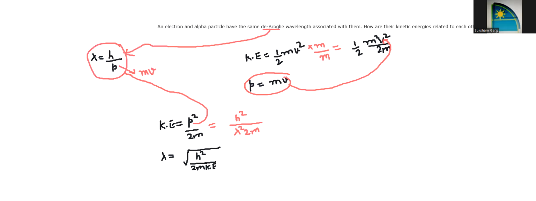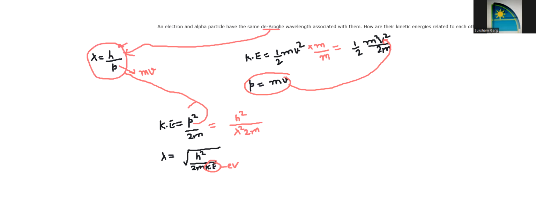Sometimes in many numericals, instead of giving you kinetic energy in joules, they will give the value in electron volt. So we have to be prepared to solve all these numericals. Just keep these formulas in mind to start with the simple numericals. Lambda is equal to h by p.